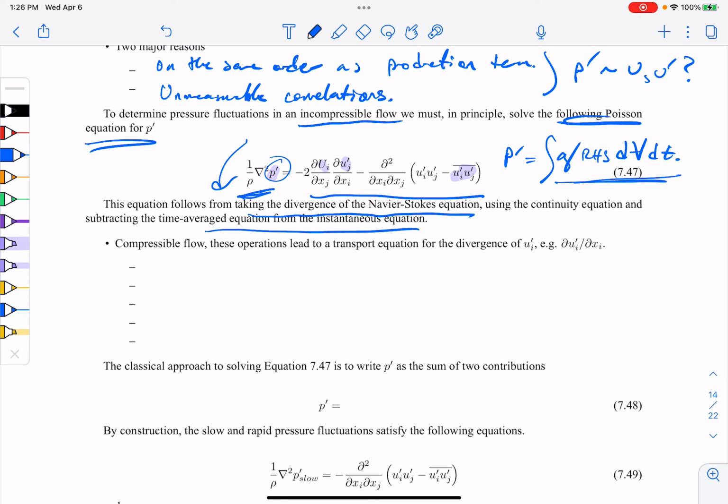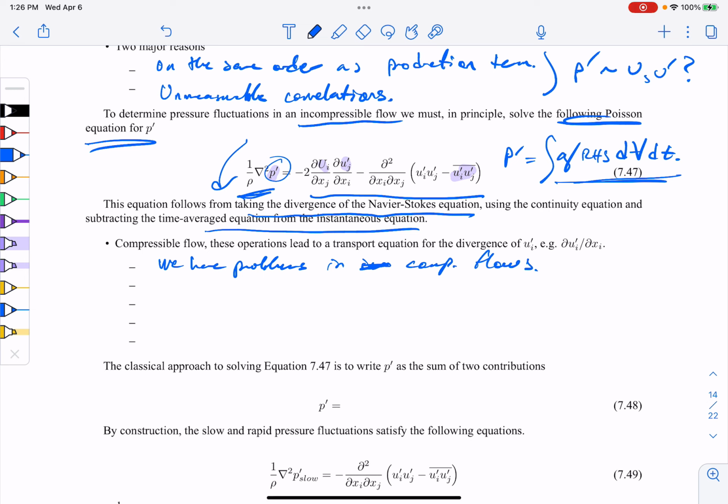So in equation 7.47, it might depend on partial ui prime partial xi equal to 0, which isn't true in compressible flows. So we have problems in compressible flows, excuse me.